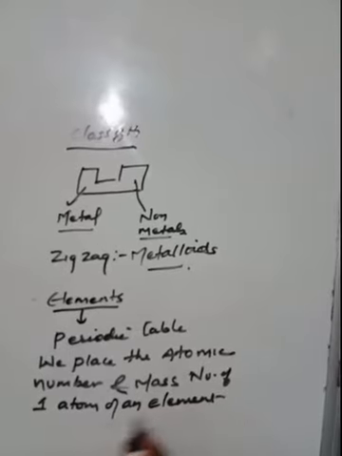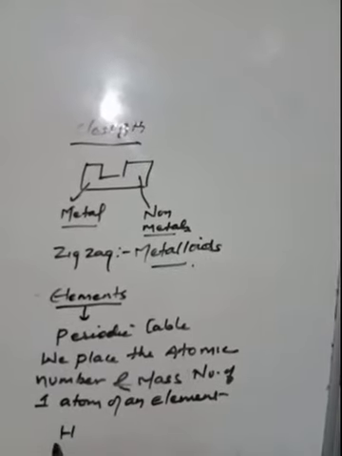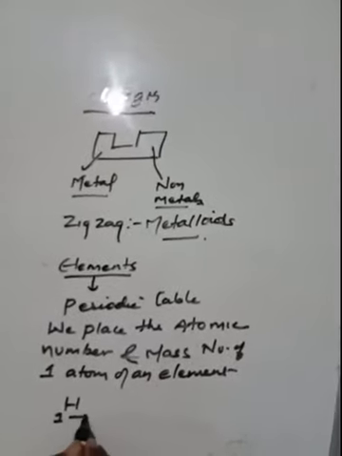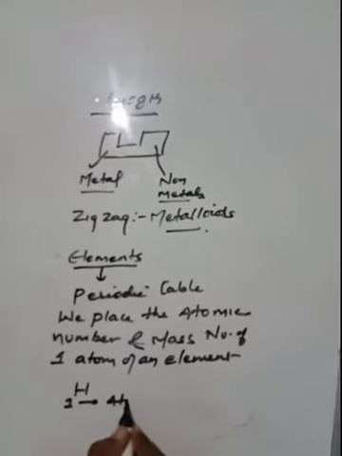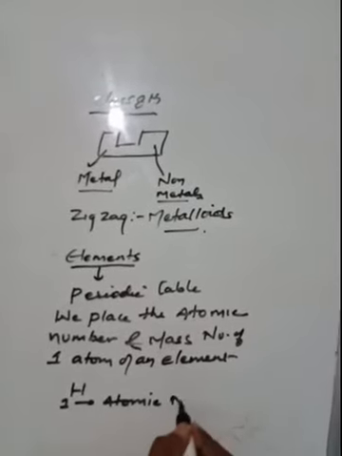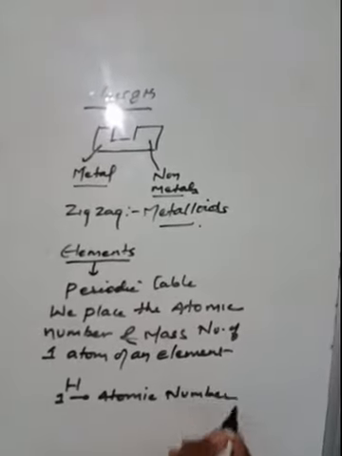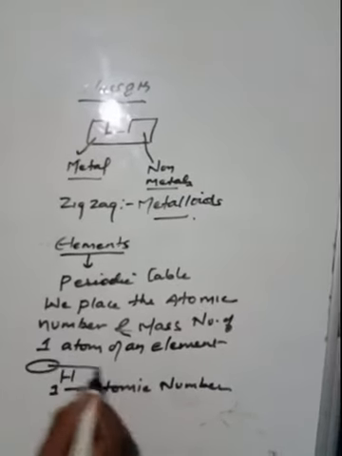Just I am clarifying. Hydrogen. Here is the place of atomic number, so atomic number is written at the left. This is the place of mass number.